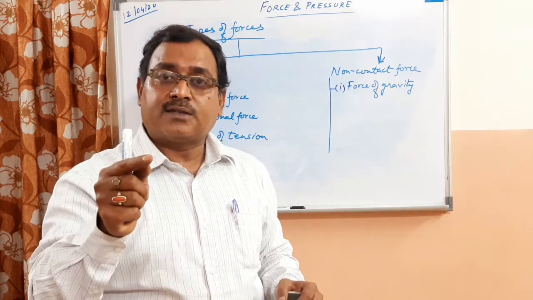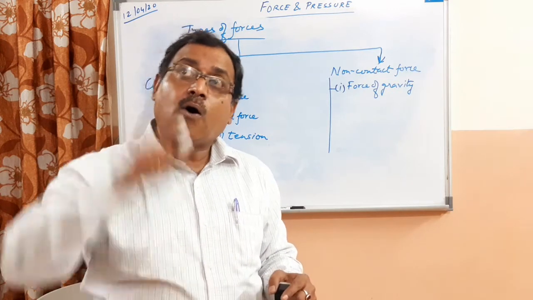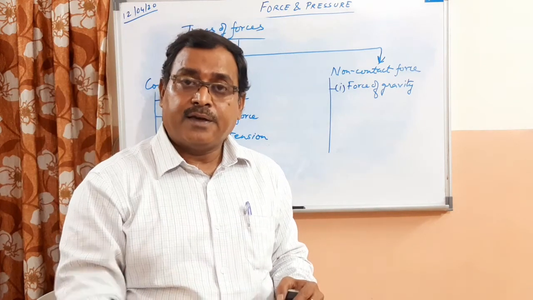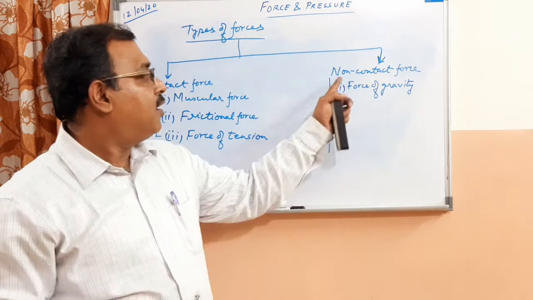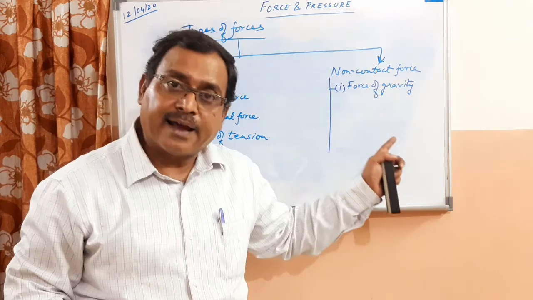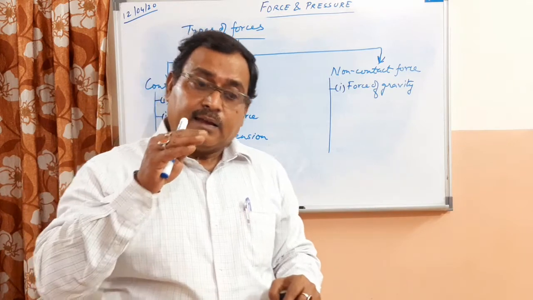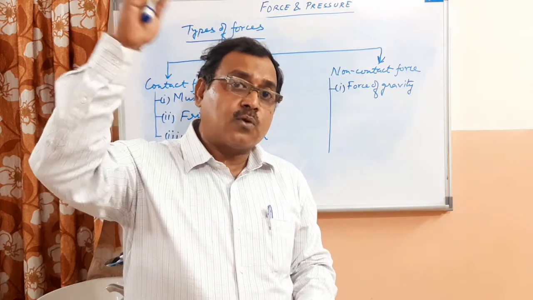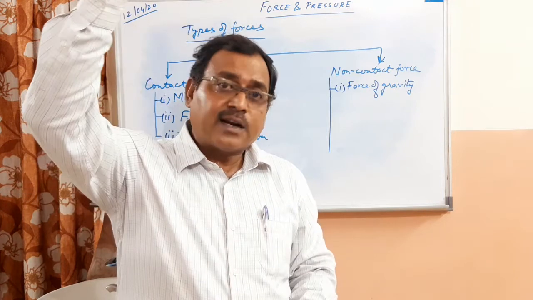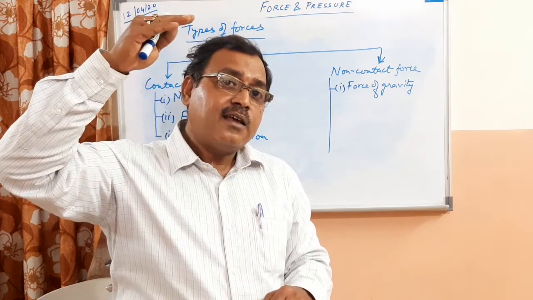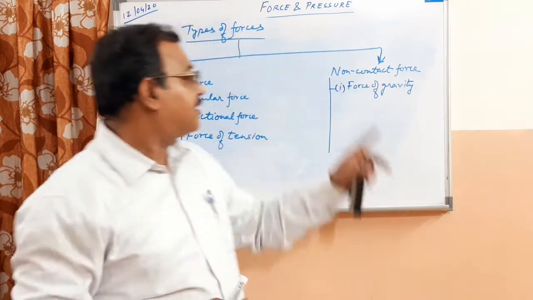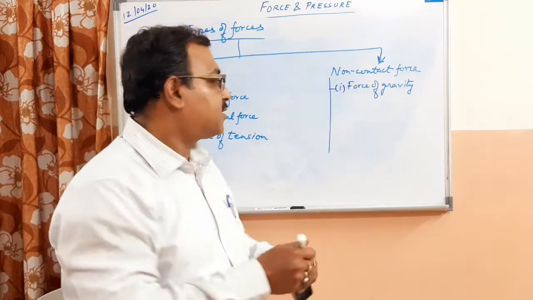So this force which the earth is exerting on the stone, for which the stone is moving towards the ground, is an example of non-contact force, and this force is called force of gravity. Here the ground is not in contact with the stone when the stone is in the sky. They are not in contact with each other either physically, directly or indirectly. Hence it is an example of non-contact force.